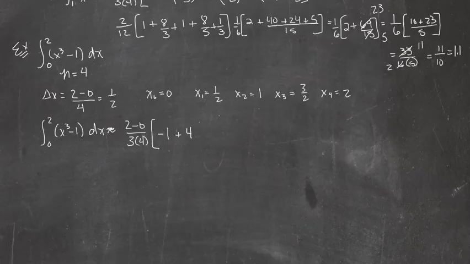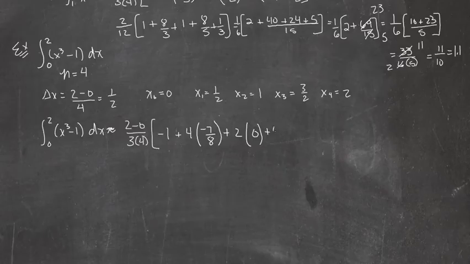So 4 times the f of x2, so 1/2 cubed is 1/8 minus 1, negative 7/8, plus 2, 4, 2, 4, 2 pattern, times 1 cubed is 1 minus 1 equals 0. Oh, we love those zeros in these kinds of calculations because everything disappears, or at least that part does.